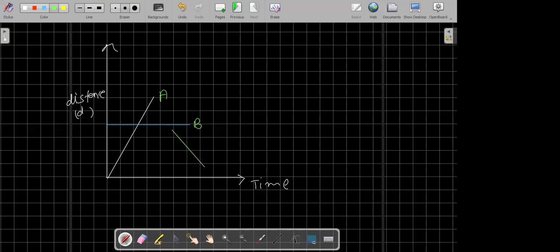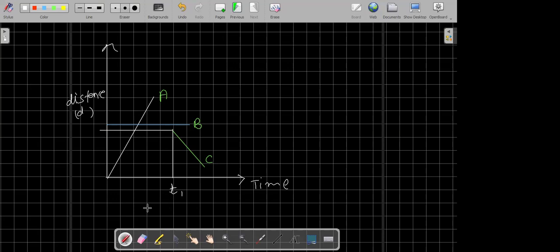If you have this line C, what does the line C represent? Sir, nothing. Sir, it's retardation, right? No. See, it doesn't represent anything because it's not joined from anywhere. Even if it's not joined, if I observe from where it starts, at this time it marks a point on the distance. This is the distance traveled by it at this time.